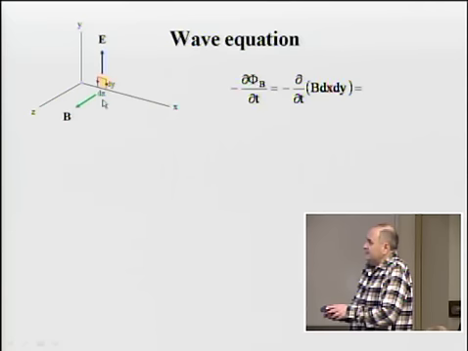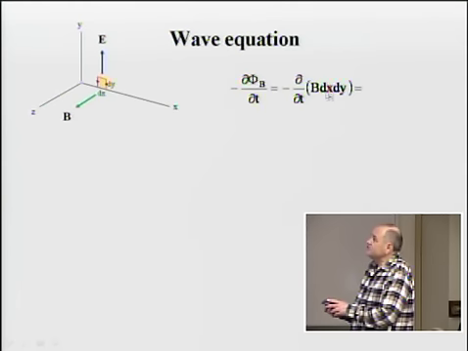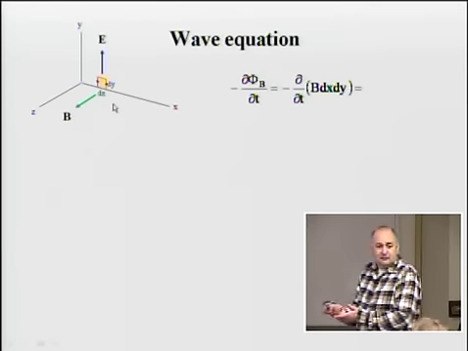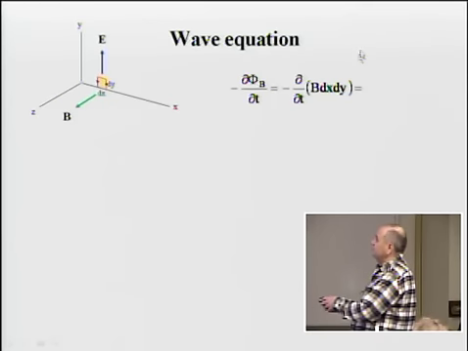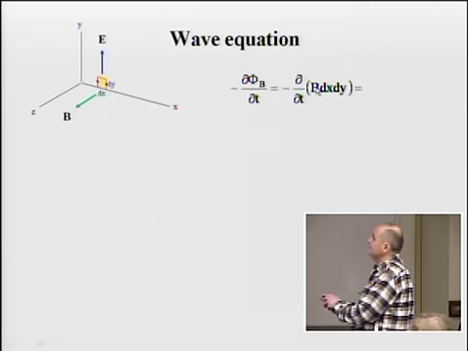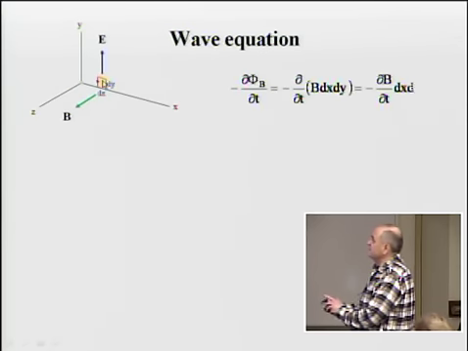Well, it's a tiny rectangle with dimensions dx and dy, so the area of this piece is dx times dy. If I multiply it by magnetic field strength, then I have flux. So I have to calculate the derivative of this expression over this loop.